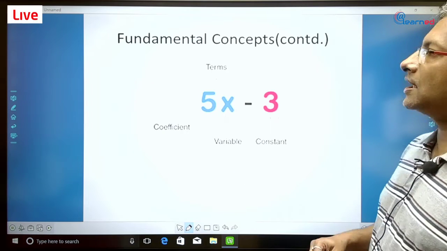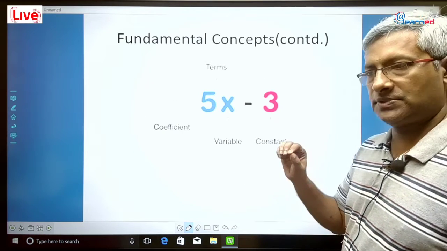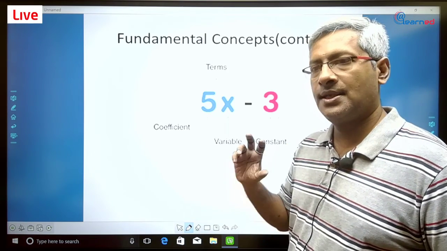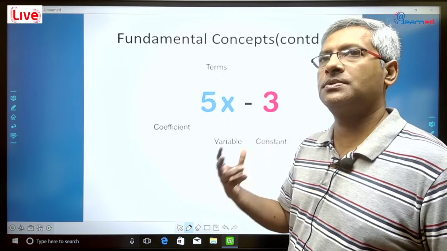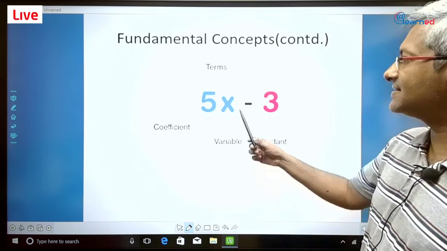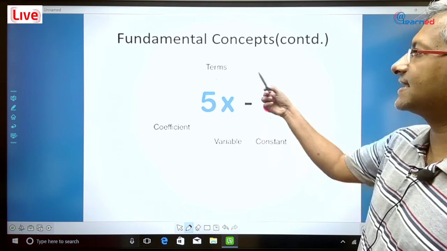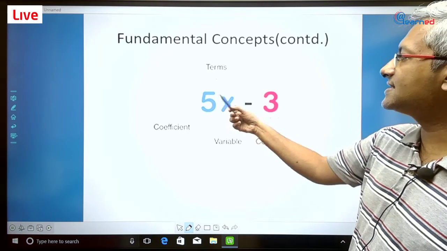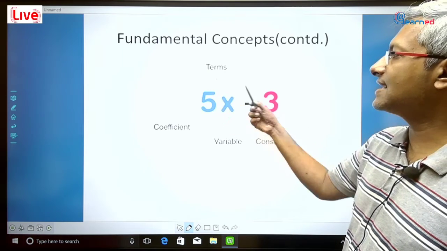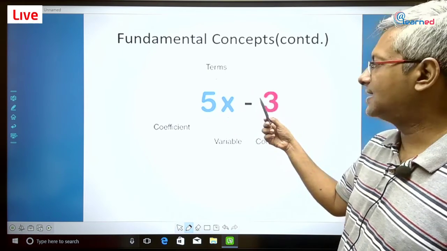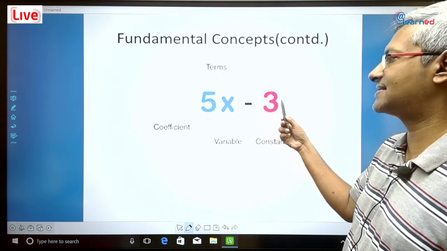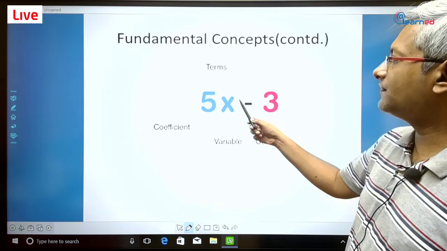Now we come to some concepts, certain terms or certain vocabulary in algebra. We have seen this kind of an expression. Now these two, 5x and minus 3, are two terms, separated by the sign.